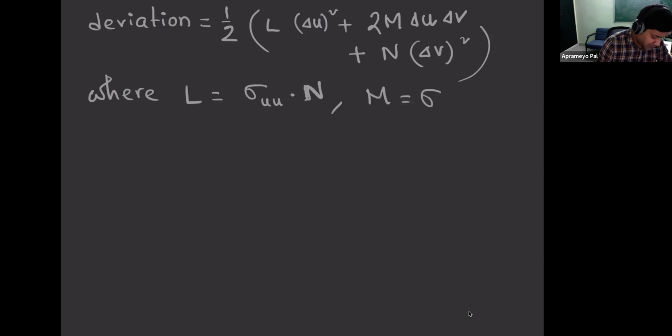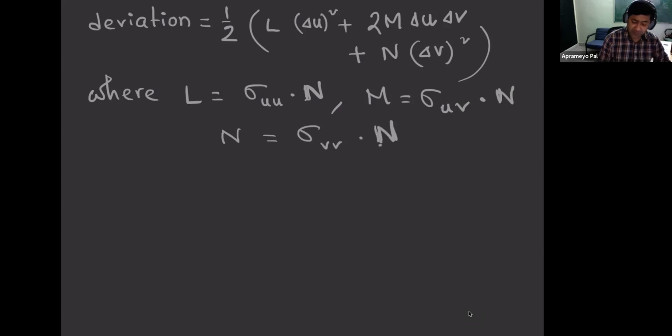M is sigma uv dot N, and N is sigma vv dot N. So this bold N is the unit normal vector, and this small n without boldness is like the notation only. Okay.